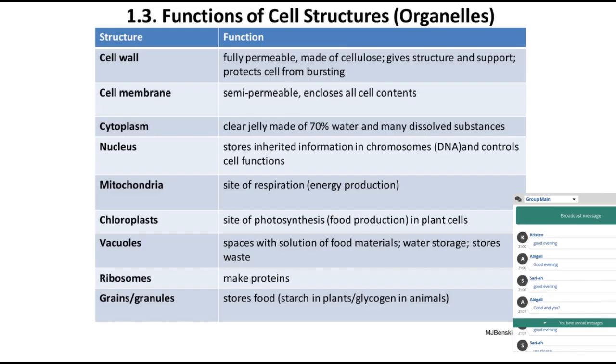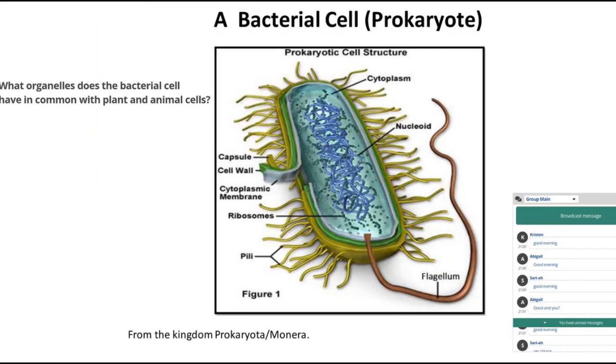Let's look at the bacterial cell now. We just labeled the parts on the plant and animal cell. Those are eukaryotic cells. We also have another eukaryotic cell to look at, but I'm going to get to that one a little later. Let's look at this typical bacterium.